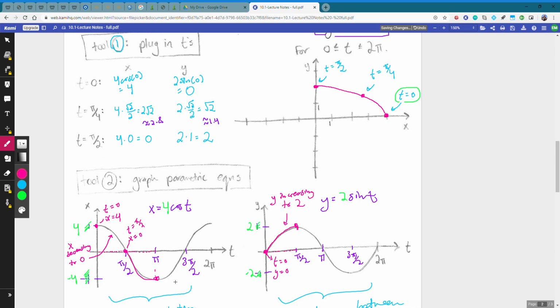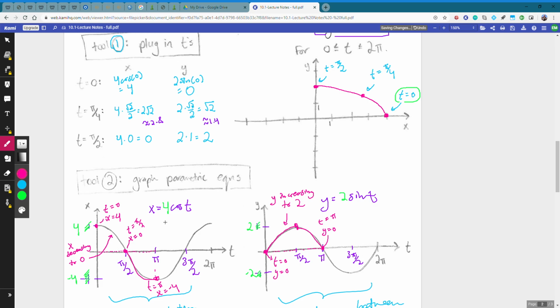And so here at this point, time is pi, and our x is -4. And what about y? Over that same stretch of time, our y is decreasing down to 0. So at time pi, our y is 0.